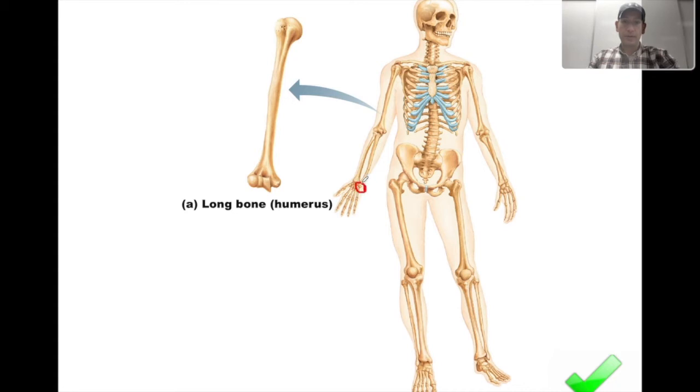It's this pisiform right here. This pisiform is actually sesame shaped, so it's a sesamoid bone. So we have one over here, we have one on this side, and then our two patellae here are also sesamoid.